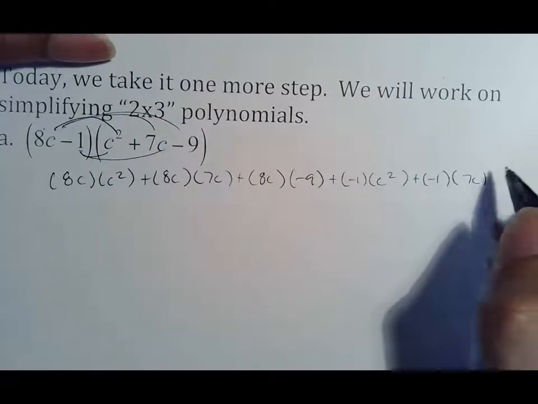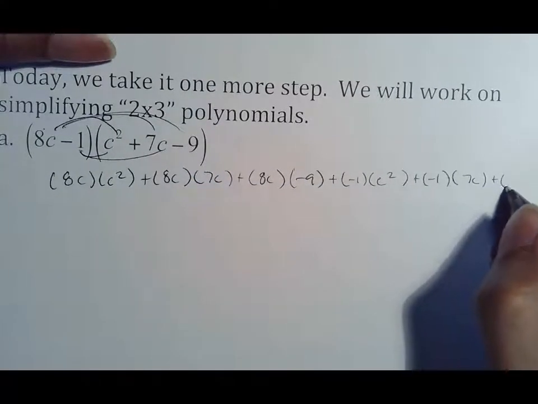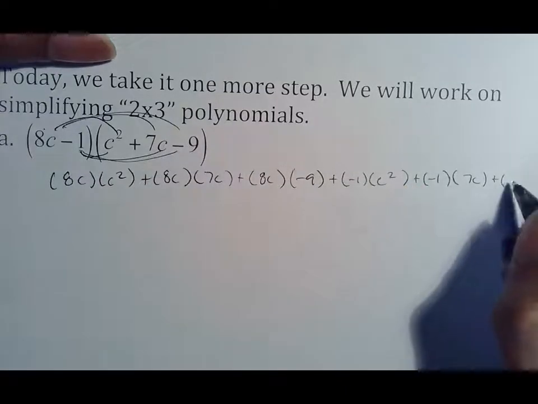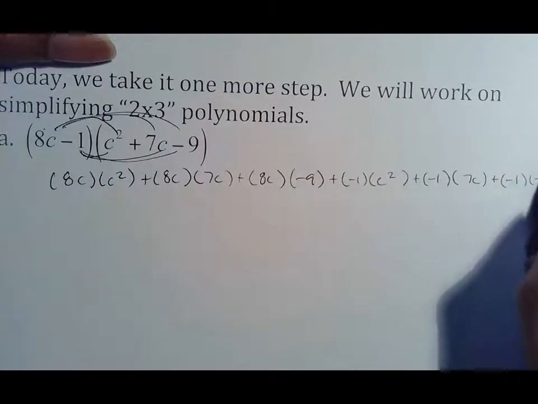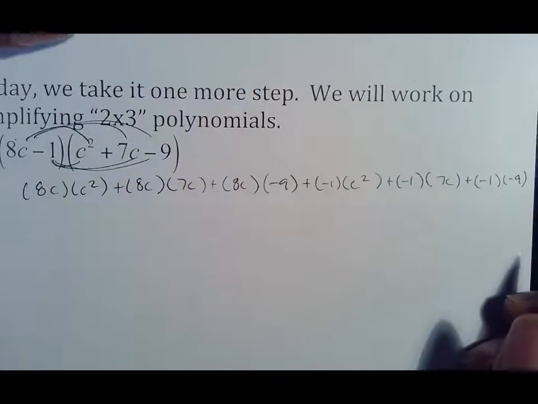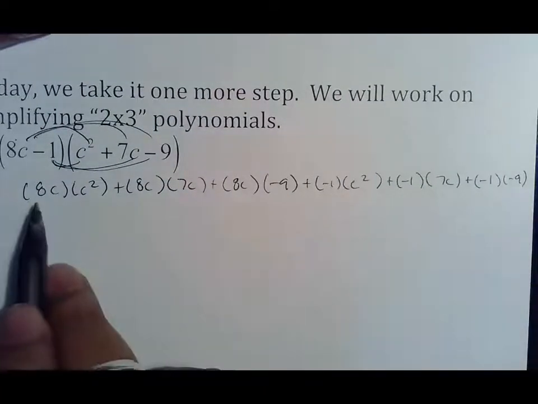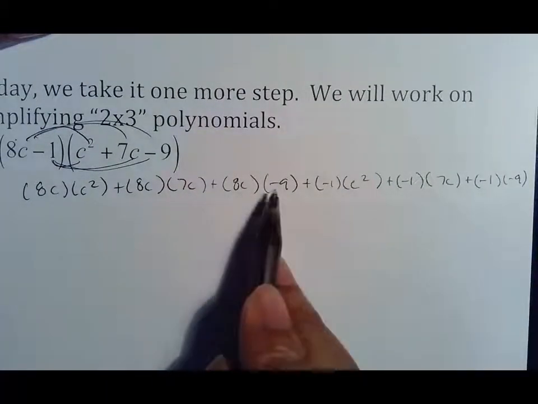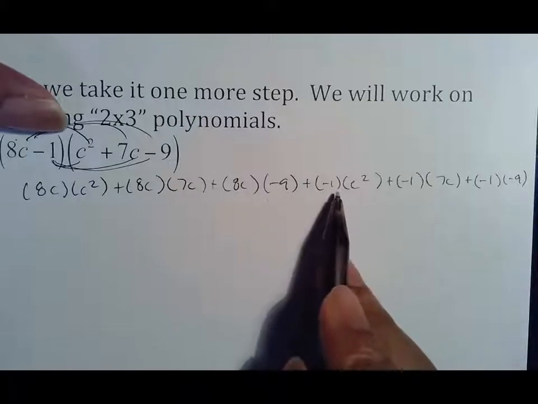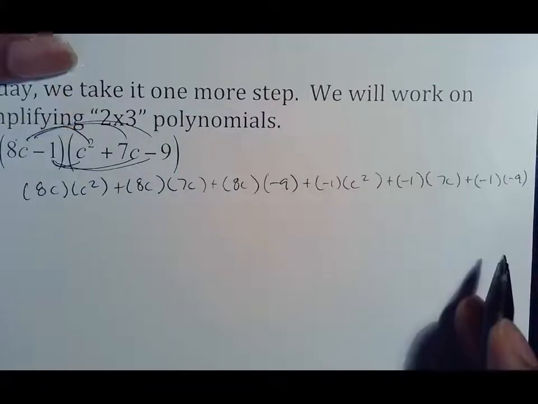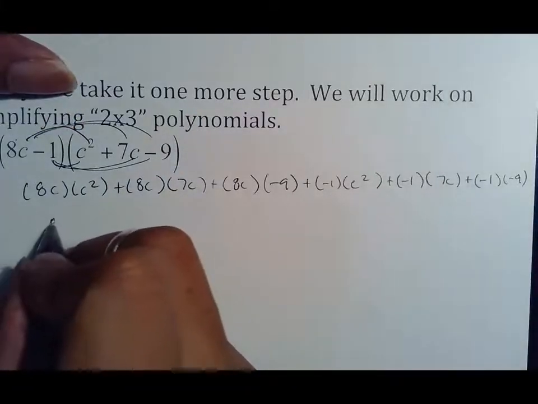Feel free to replay it if you need to see the meetings again after you write it down. But that's pretty much everything. Once you can get your meetings down, 8C met C squared, met 7C, met negative 9. Then negative 1 met C squared, 7C, and negative 9. Once you get that, you just got to simplify it.